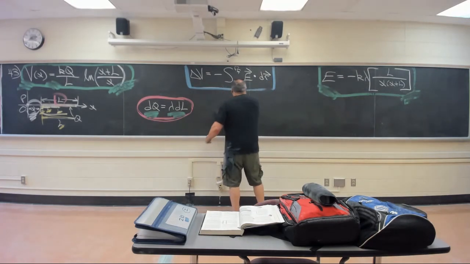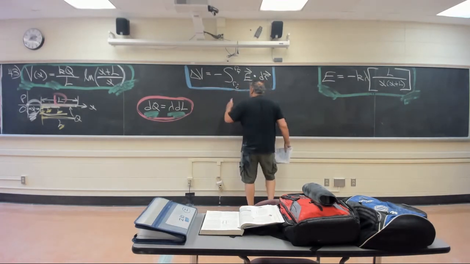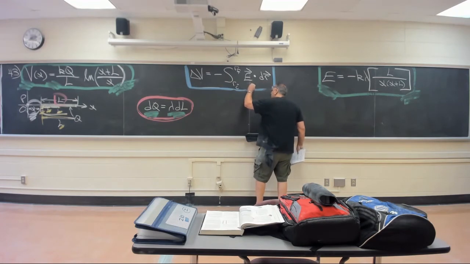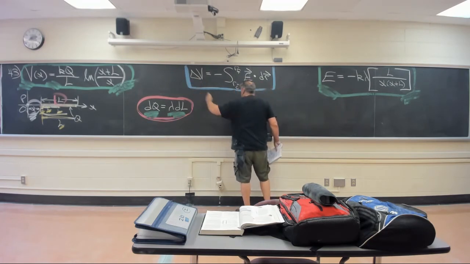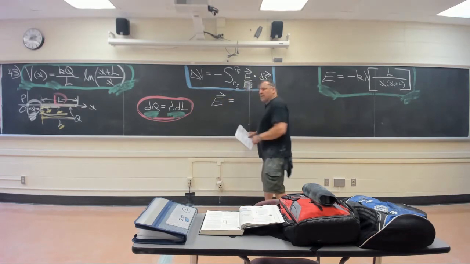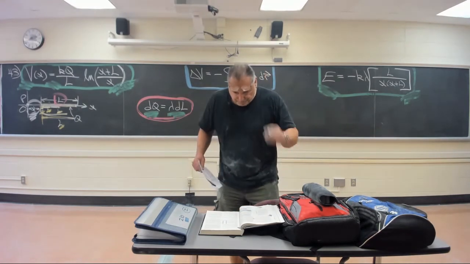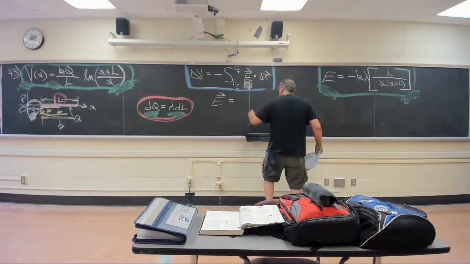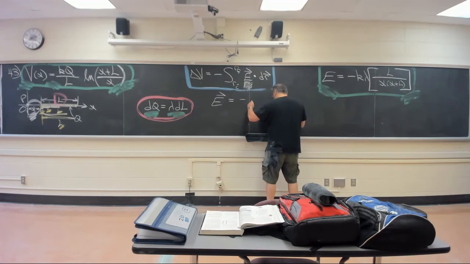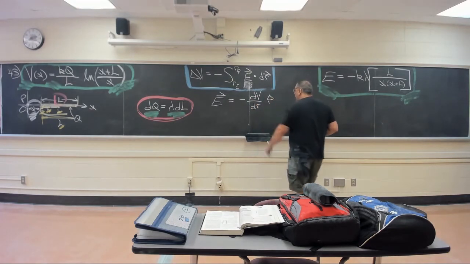You got this right here. From this, you generally know that if you take the derivative of an integral, you're getting basically the item that was being integrated. So basically they're saying that E vector is going to equal negative dV dr, some association with the r hat.